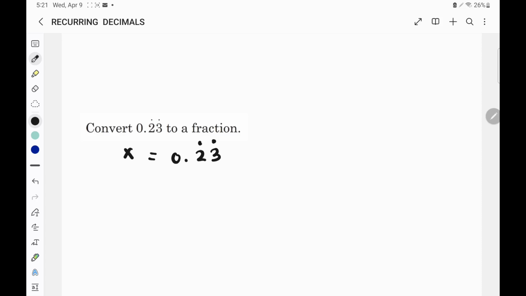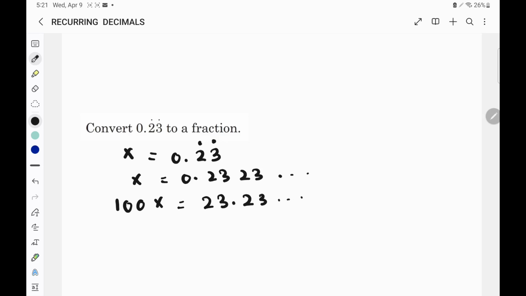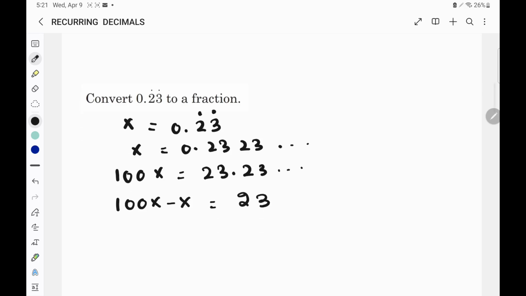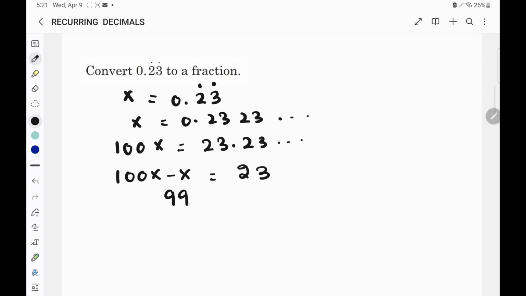In this question both 2 and 3 are repeating, so you do 100x, which equals 23.23. There is no number which is not repeating, so you do 100x minus x, and you're not subtracting anything. So 99x equals 23 and x equals 23 over 99.